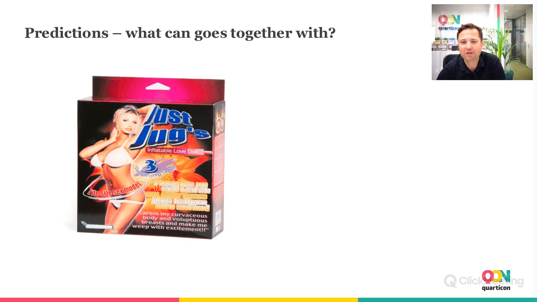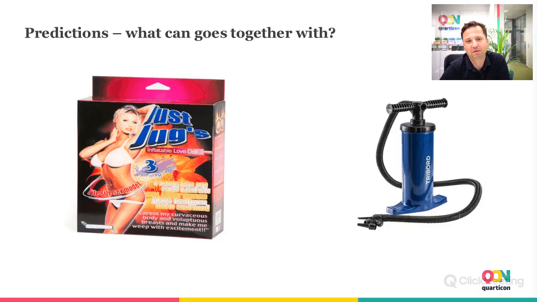And there are a lot of examples during the conference when I'm talking with people about what can go together. But what surprised us during this discovery was the pump. Just a basic pump, just to pump up the sexy doll. So this is one of the examples that the creativity of the AI can be unlimited. But if you see in the issue that you need the pump for the sexy doll, you probably buy it because you need it.